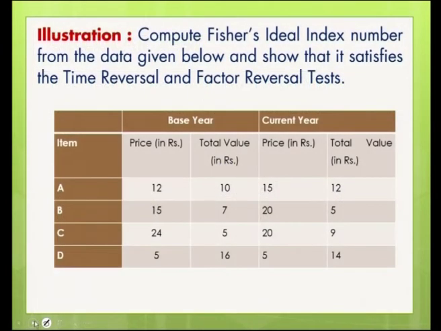Okay. We will see how Fisher's ideal index number satisfies the time reversal and factor reversal tests. First of all, the base year and current year prices and total values are given. The prices for the 4 commodities A, B, C, D are 12, 15, 24, 5 for the base year, and the price is represented as P0 and the total value as P0 Q0. Similarly, for the current year, prices and total values are given.